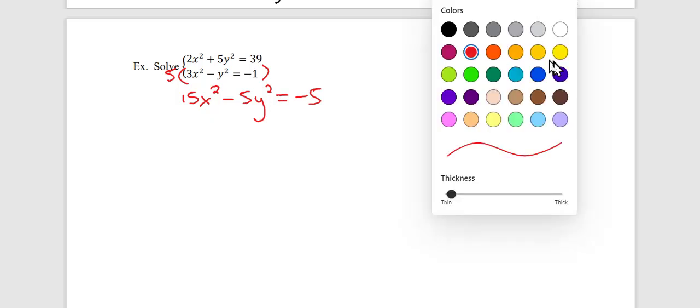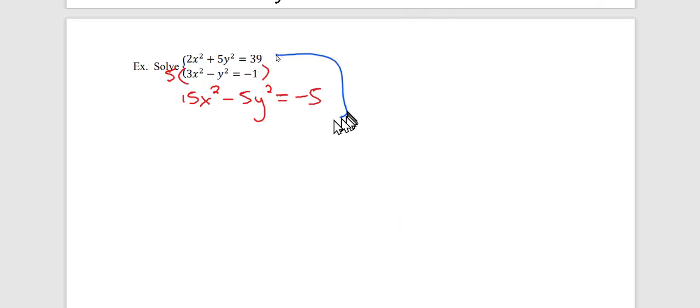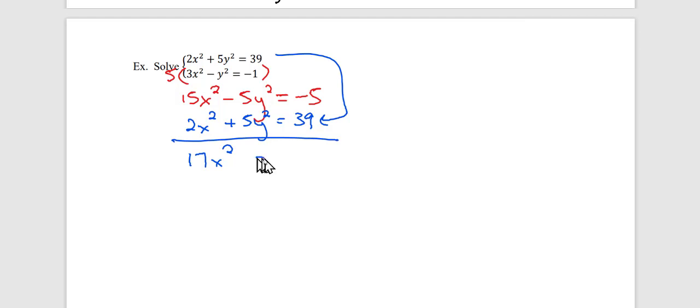And then if I bring the other equation down, 2x squared plus 5y squared equals 39. When I add those, I get 17x squared is equal to 34. That means x squared is equal to 2. So x would be plus or minus the square root of 2.